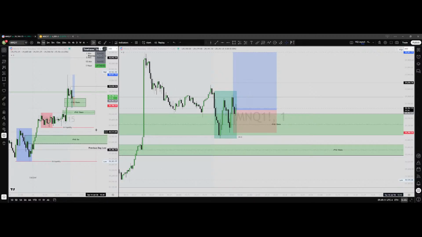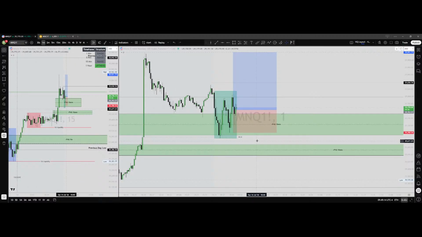Okay, same thing again. We are not getting a good continuation. Price has slowed down a bit. Not happy to see this. Slowdowns start confusing. We got a liquidity sweep, a V-shape rejection as well, and an IFPG.